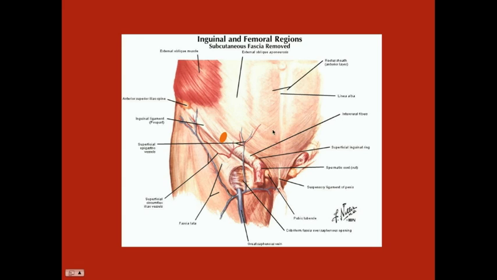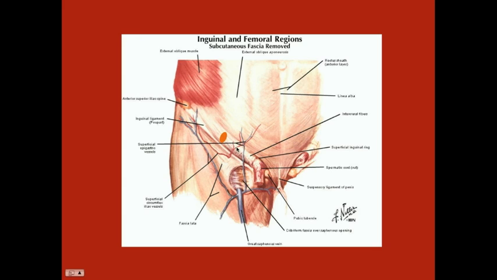So the entrance, which would be your deep inguinal ring, what I have here in orange, it's just deeper, you can't see it. That is where everything enters, your broad ligament, your spermatic cord, whatever, it enters in there. And this is therefore the beginning of your inguinal canal.